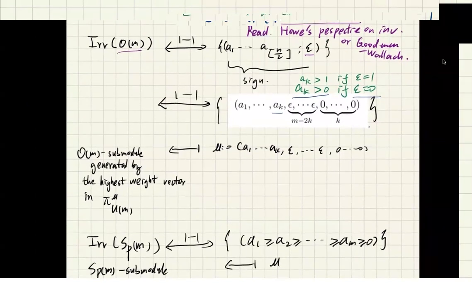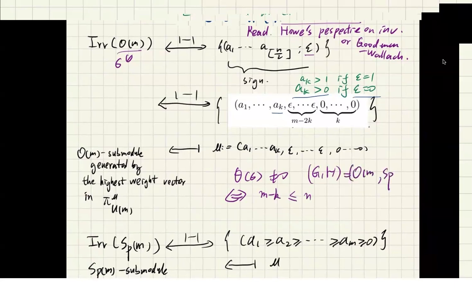So if you have a sigma, which is a representation of OM, then theta sigma is non-zero is equivalent to saying that this number m minus k is smaller than or equal to n. Recall that G and H is OM and SP2n. So this is the condition.